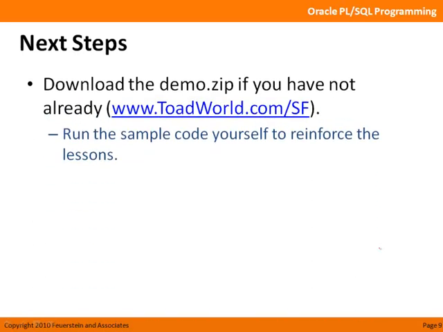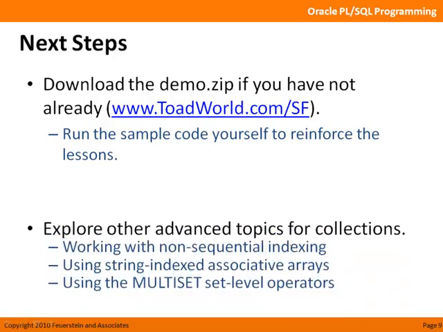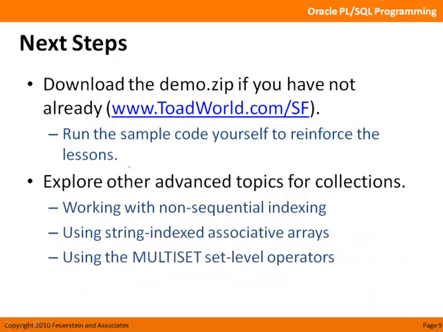Next steps. If you haven't already, download that demo zip file that contains about 20,000 scripts with all the code that I demonstrated today. Go over each of the lessons, try out the code yourself, make sure that what I said makes sense to you. Did you understand it? And then explore the other advanced topics for collections, working with non-sequential indexing, using string indexed associative arrays, a very powerful and interesting technique, and using the multiset set level operators.